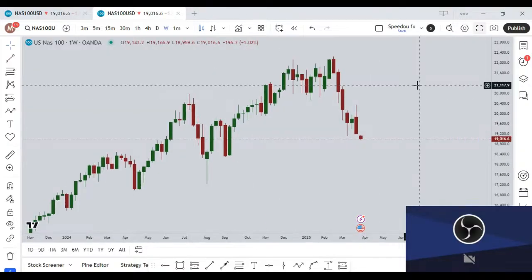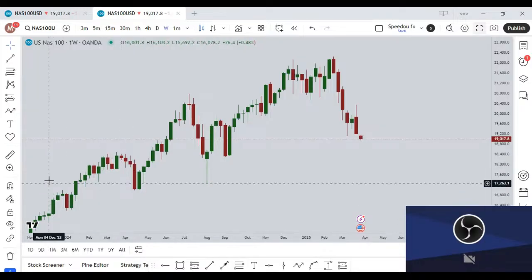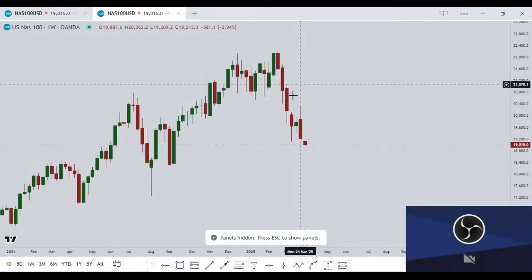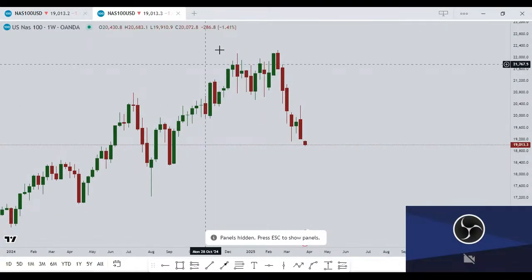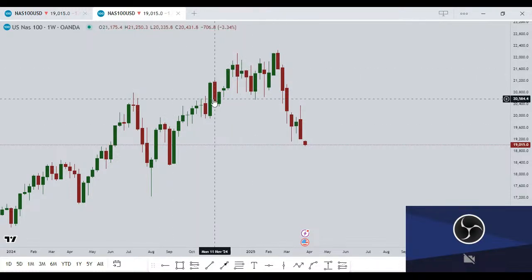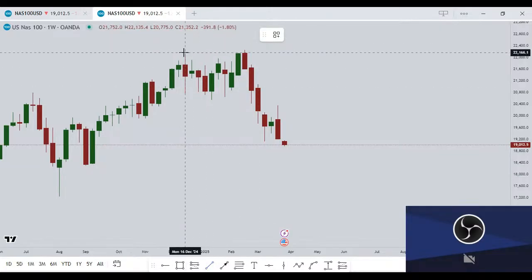We have had a very prolonged bullish order flow, and now we have started to notice a change of price delivery from being bullish to bearish, because on weekly you can see we have all these signatures telling us price is now seeking lower prices.